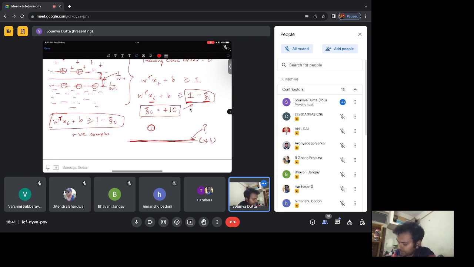So earlier what I was saying was, I want this line in such a way that these are all the positive samples here, and each positive sample should be at least one distance away from this particular line. Now I am saying, when I am doing plus 10, this becomes minus 9.